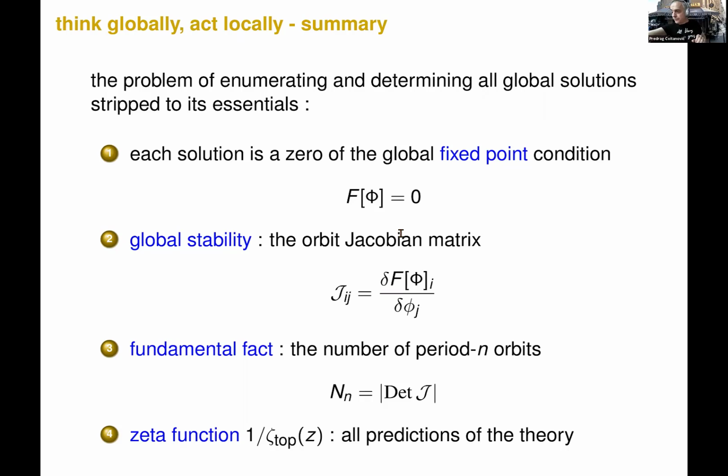If the orbit Jacobian has expanding eigenvalues, that's called chaos. Everybody is unstable because the eigenvalues are expanding. The fundamental fact tells you what the number of solutions is. The zeta function tells you how to generate all of the solutions. Okay, that's it. The first time you had a course in chaos, now you're actually at the beginning of graduate school, but in the third millennium.